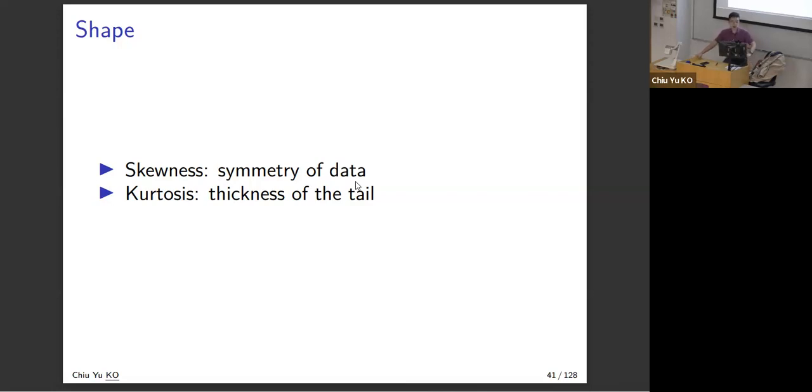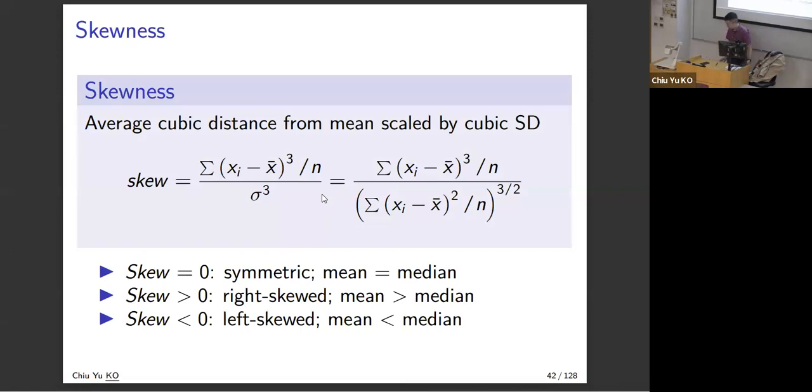Descriptive statistics is not only about showing your boss how the data looks, but also about getting an idea of what tools to use for further analysis. And skewness and kurtosis can tell you whether the data have some extreme values or there's some problem.